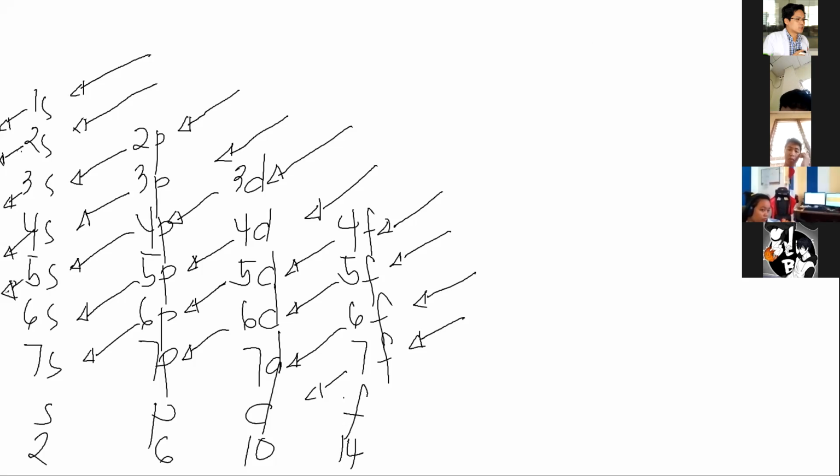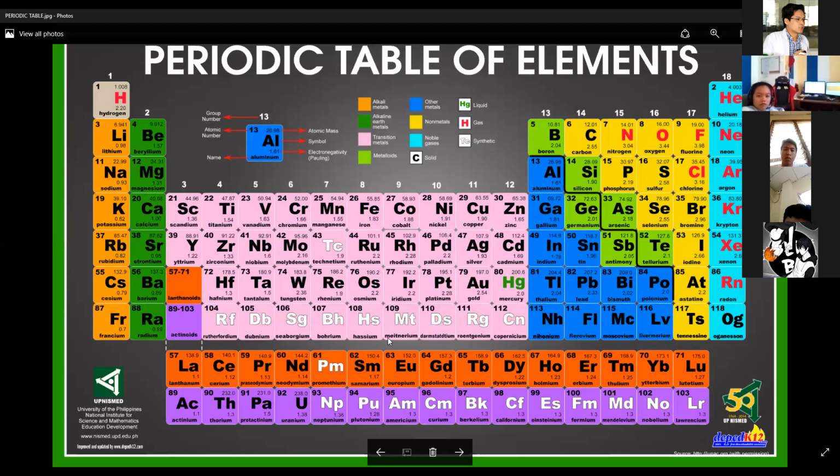What is the atomic number of boron? The atomic number of boron is 5. Okay, so let's find out the electronic configuration of boron since it is 5.